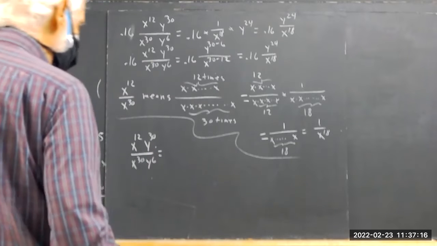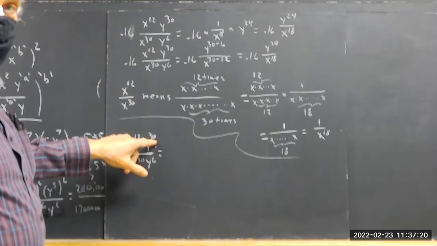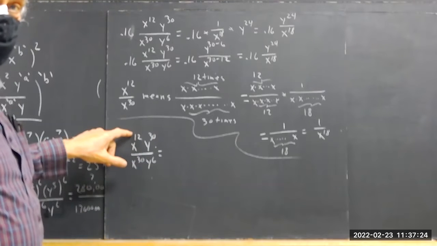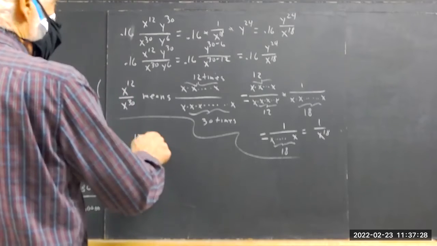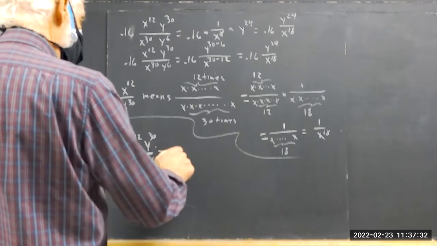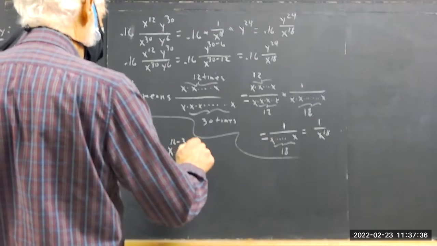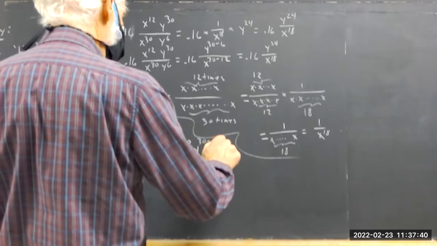I could say, well, if I can subtract the 6 from the 30 here, then I should be able to subtract the 30 from the 12 here. So just like I subtracted 6 from 30, which gave me 24, if I subtract 30 from 12, I'm going to get x to the 12 minus 30, y to the 30 minus 6.